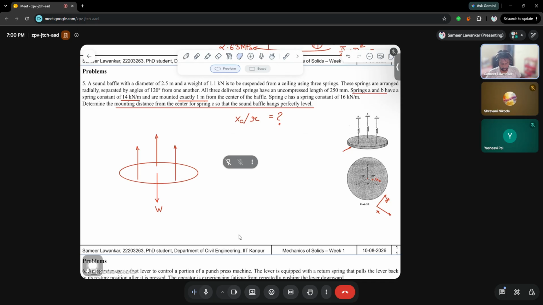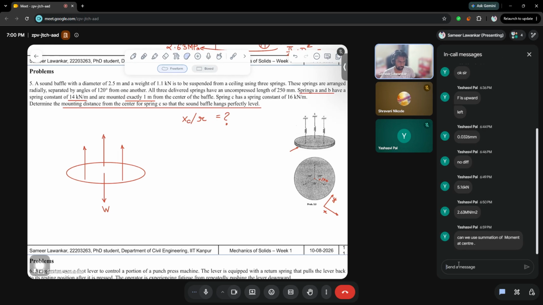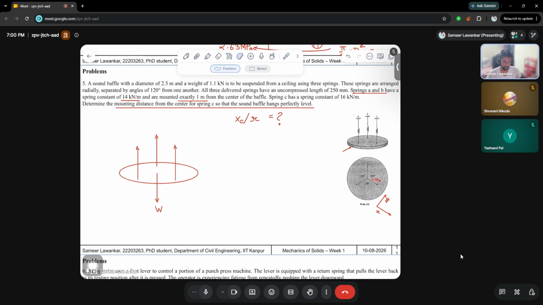So what is the value of delta, the deflection you are getting, or else the value of forces you are getting? Delta is 0.018 meter. Check once.